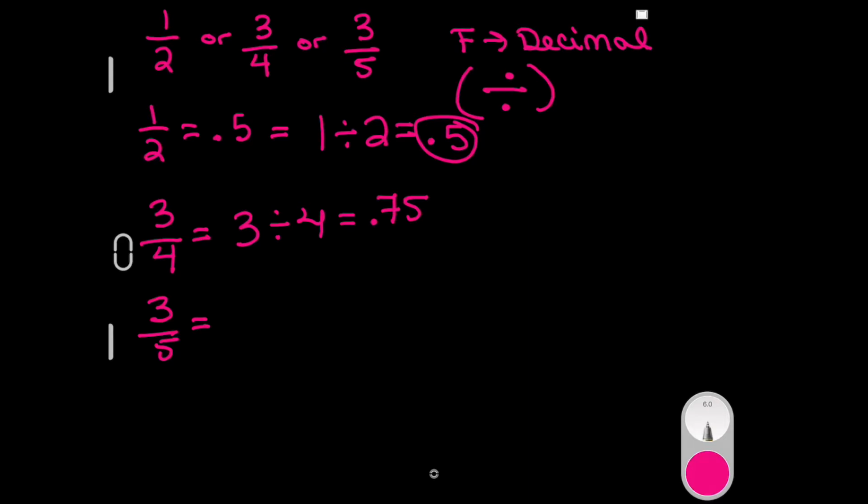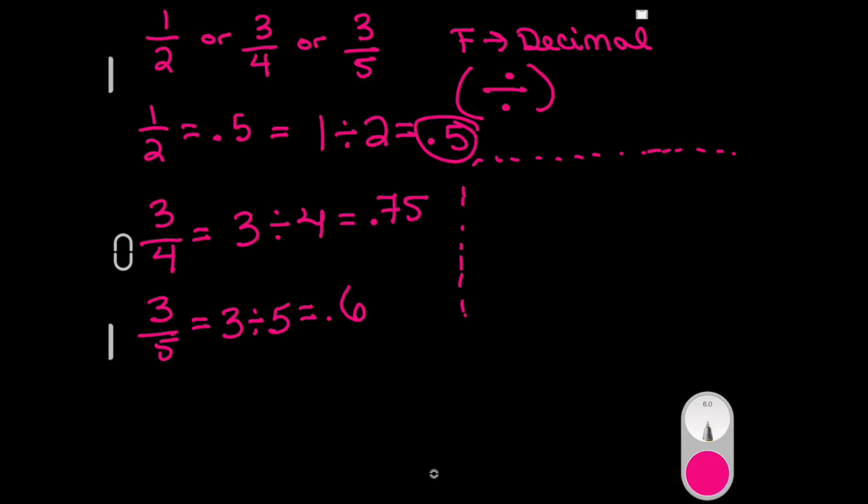But if you can remember that the fraction line just means dividing, then if you can't remember, you're just going to go 3, divided sign, 5, and that's going to give you 0.6.